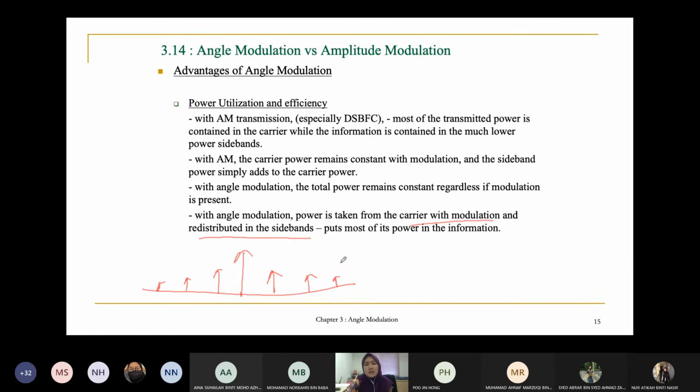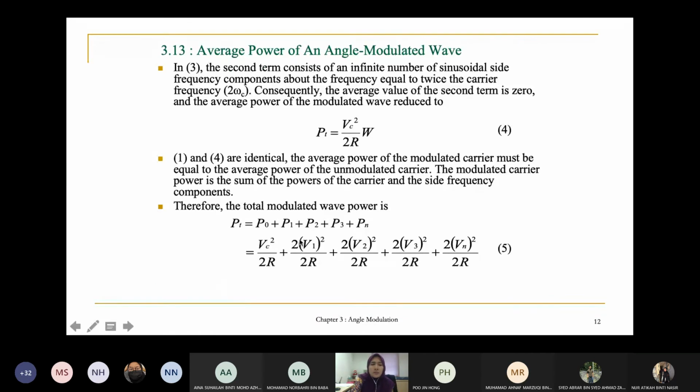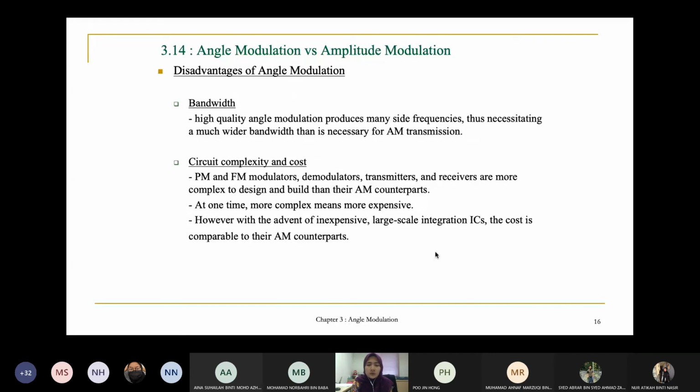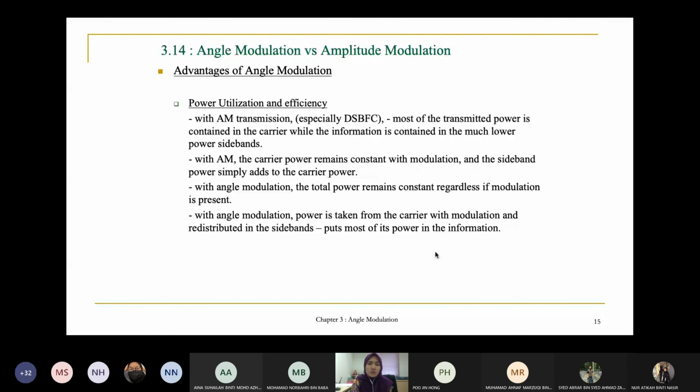Therefore, in angle modulation, the total power remains constant regardless of whether the modulation is present or not. You can see that the power is redistributed in its sidebands. Okay, so these are the advantages of angle modulation.